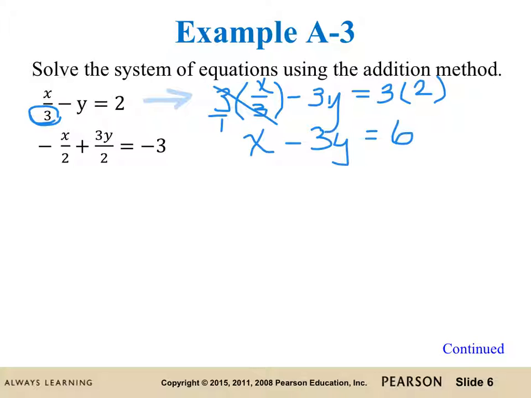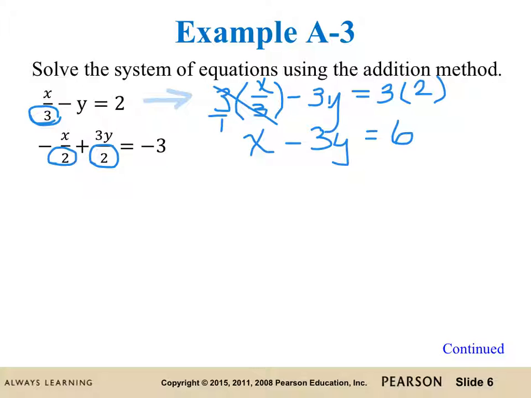Now we have an equation that we don't have to deal with the fractions. And then we're going to do the same thing with the second equation, except the least common denominator in the second equation is 2.